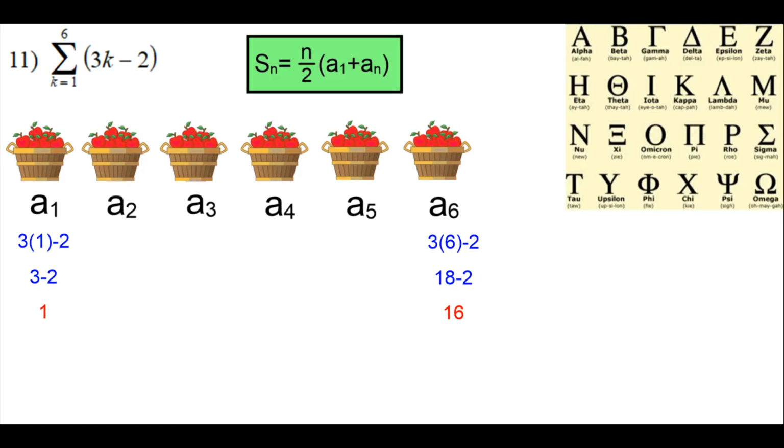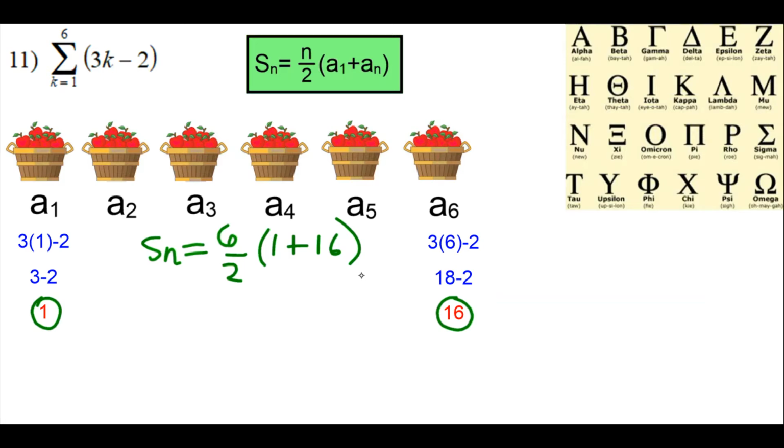Just like the other problems that we've done, Sn was equal to n over 2 times a1 plus an. I know n is 6 here because there are 6 terms, or 6 bushels of apples. a1 is that first number there, 1, plus an is the last number here, 16.